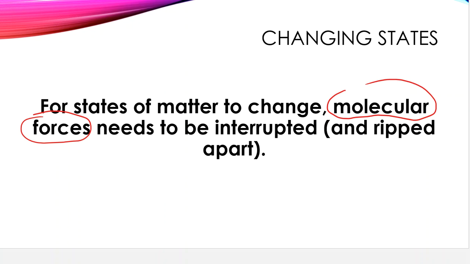So for a solid to go to a liquid, we've got to disrupt the molecular forces that are present. For a liquid to go to a gas, we have to disrupt the molecular forces that are present. I want you to think of the molecular forces as the glue that holds everything together. That's what this is all about. So the glue is keeping the molecules together, organized, or together but loose.